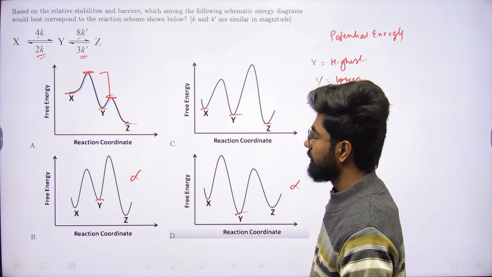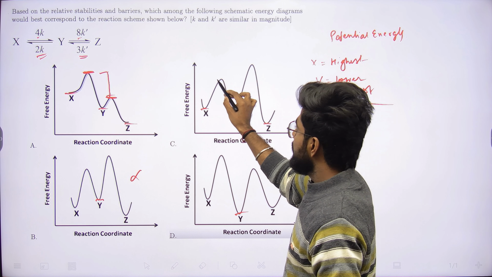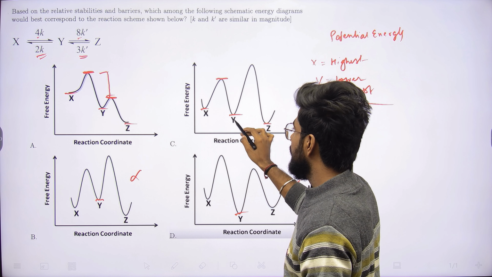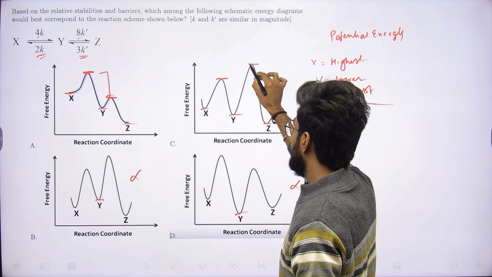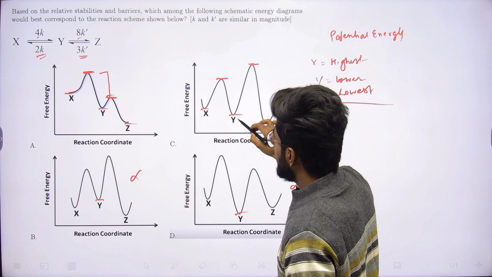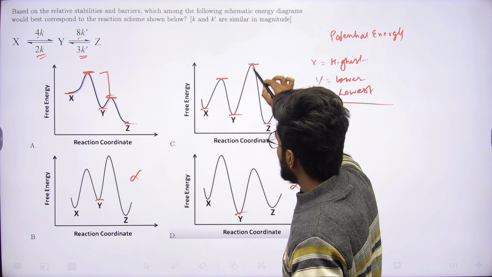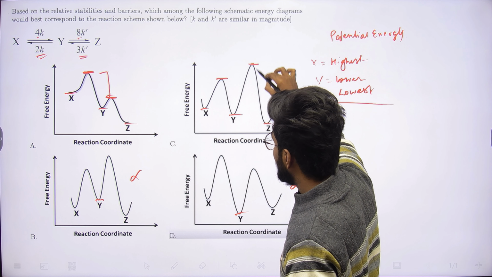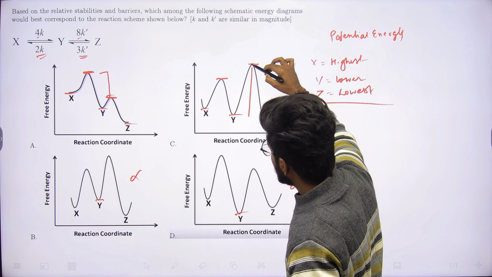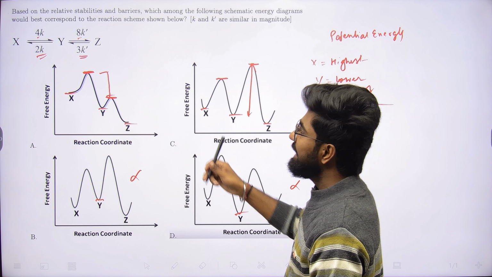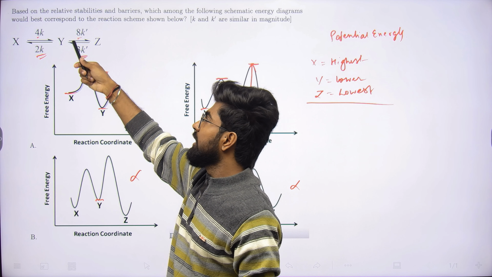But here the difference is that the transition energy between X and Y and between Y and Z has a reverse gap. It means that, according to this graph, the transition state that forms between Y and Z has a very high activation energy. If it is so, then how could the rate be faster?